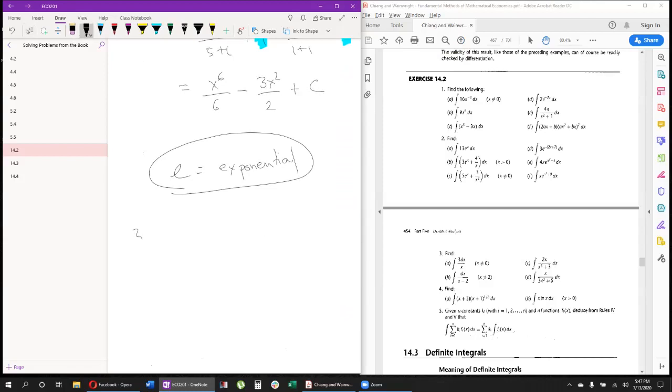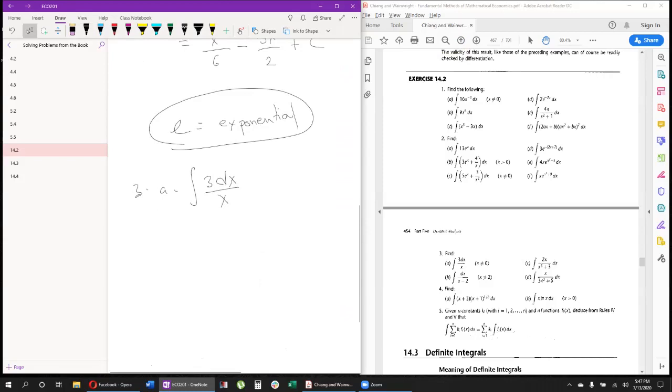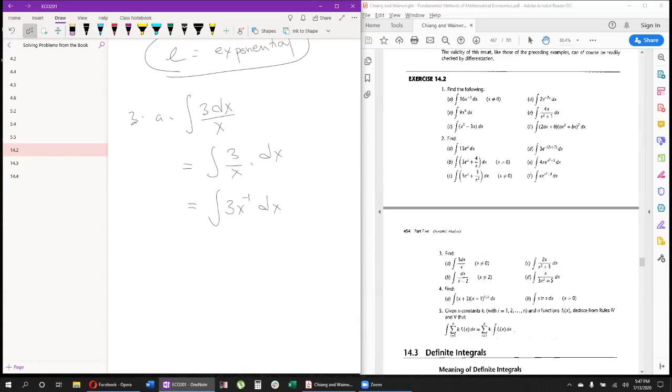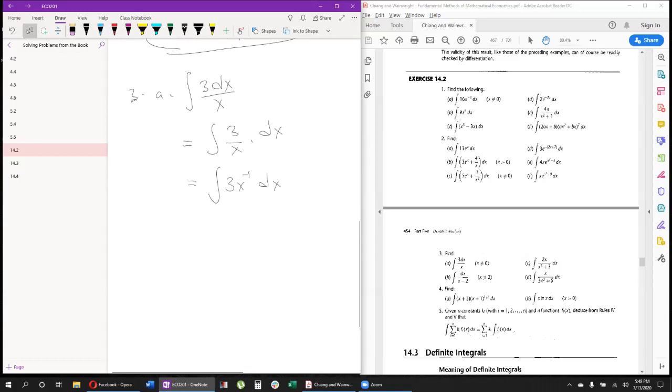So let's try and solve something from 3. Let's start with 3a. What we have is the integral of 3 dx by x. This may look complicated, but you just have to simplify it. This is the integration of 3 divided by x times dx, or we can write 3x to the power minus 1 dx. Now this looks much simpler to calculate.